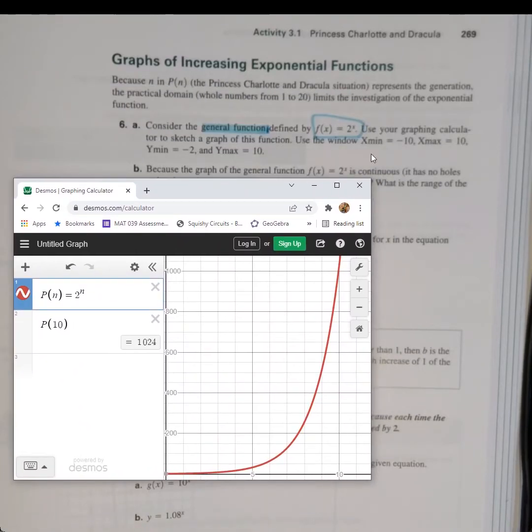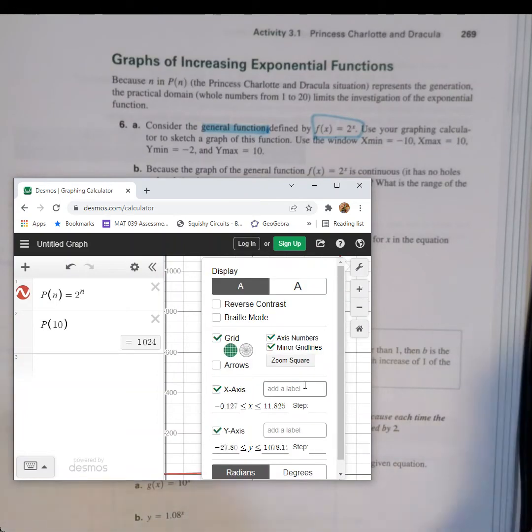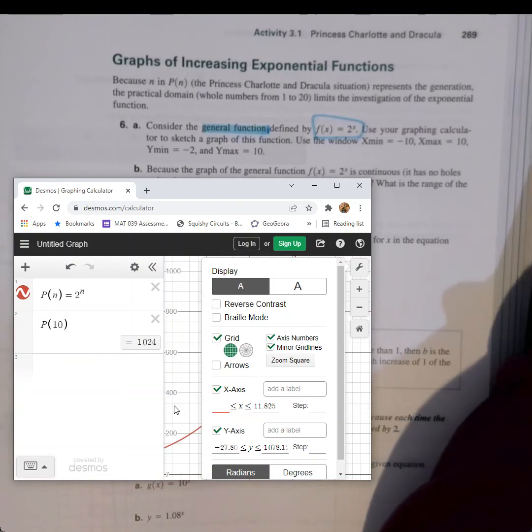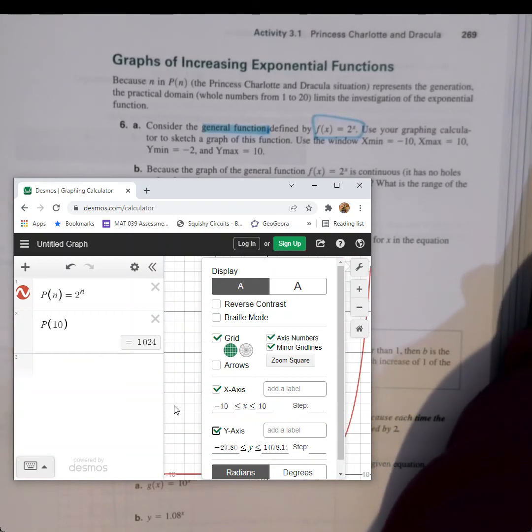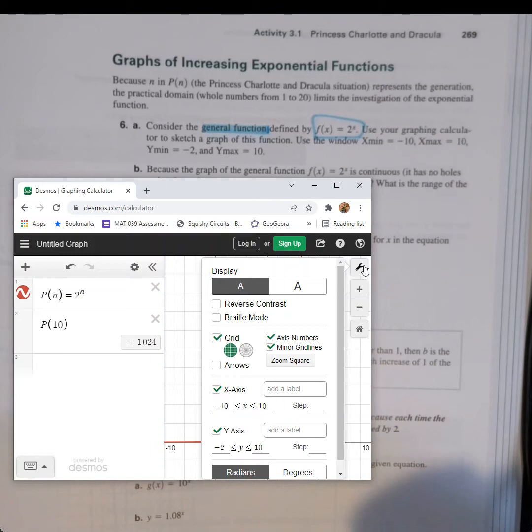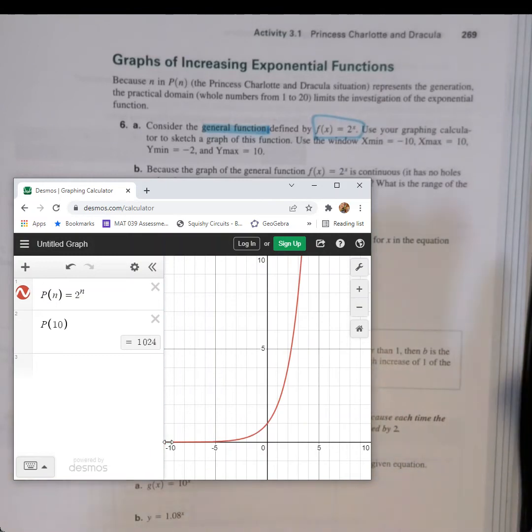They want me to zoom in to the window that has -10 to 10 on x and -2 to 10 on y. So we're zooming in on this a little bit here. And again, we see that it's very flat in the negative area, very flat up through, then very steep. And the further across we pull this graph, the steeper it's going to get. Okay, so we can see our picture.